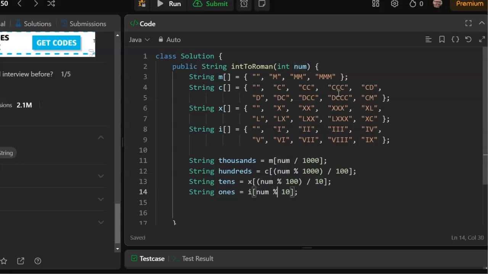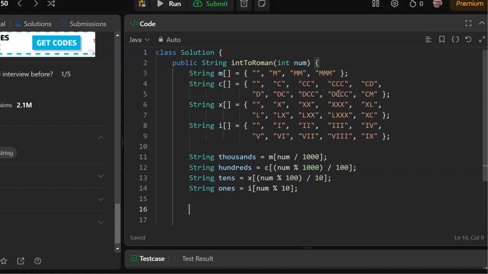All right. This returns a string, so we're going to return thousands plus hundreds plus tens plus ones.